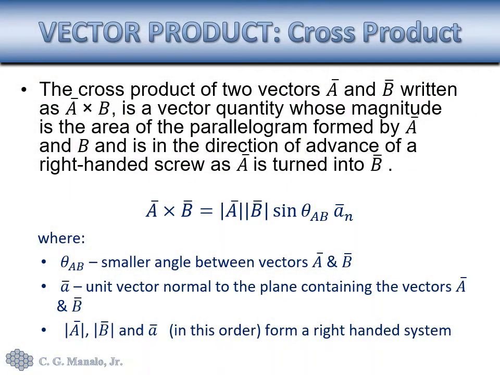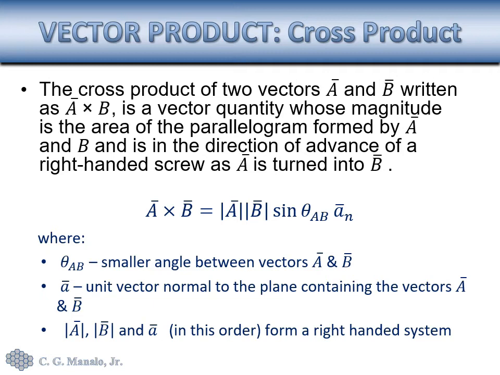Now let's go to the cross product. Another name for the cross product is the vector product, and a cross product of two vectors always yields another vector.